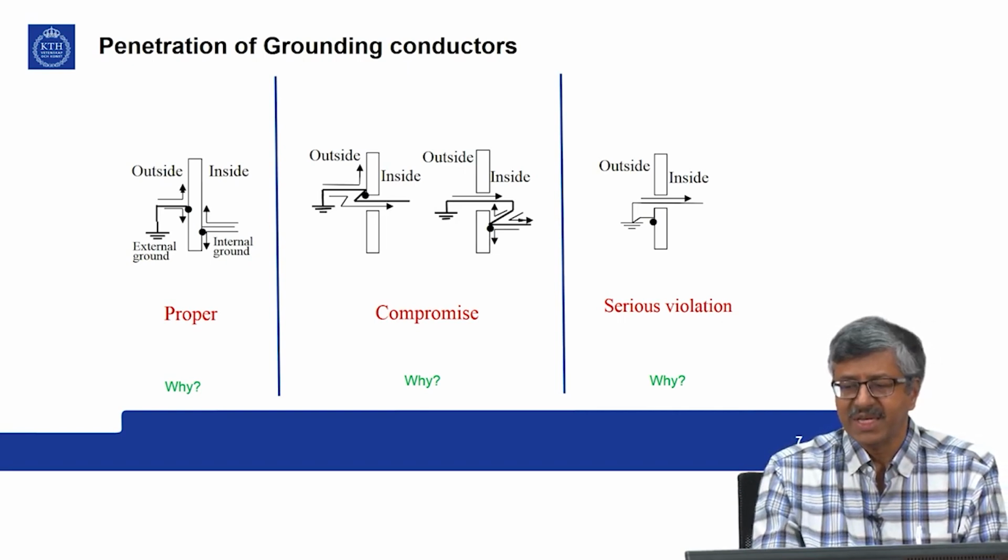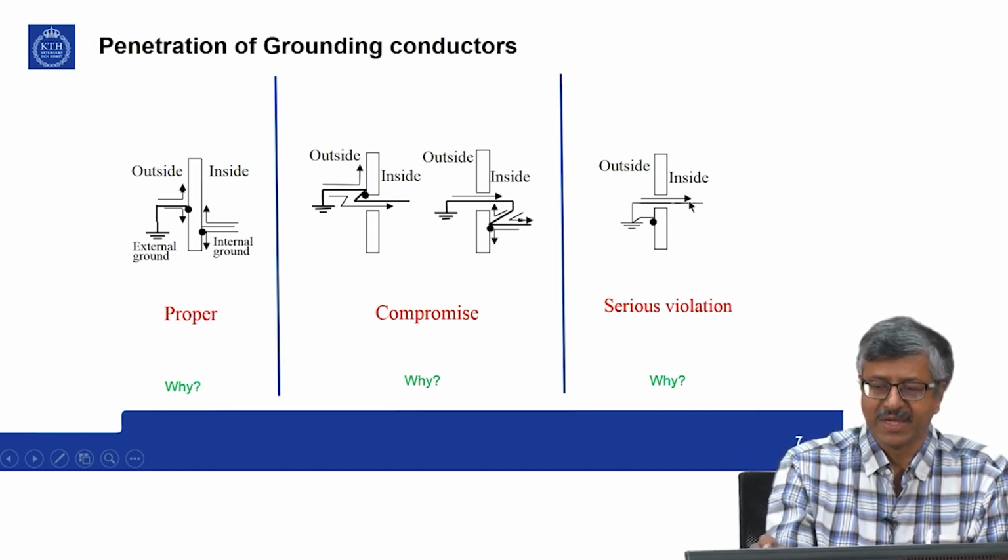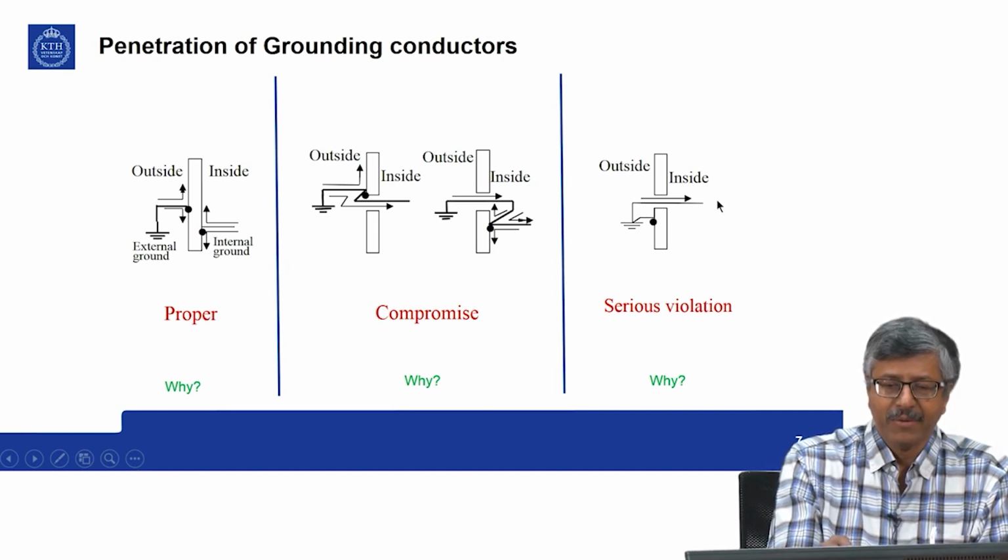This is a serious violation, or what you see on the right side. This you should not allow, because now you do not have any zone separation between outside and inside. All currents are coming inside, all the noise currents. Now, this is kind of a compromise.